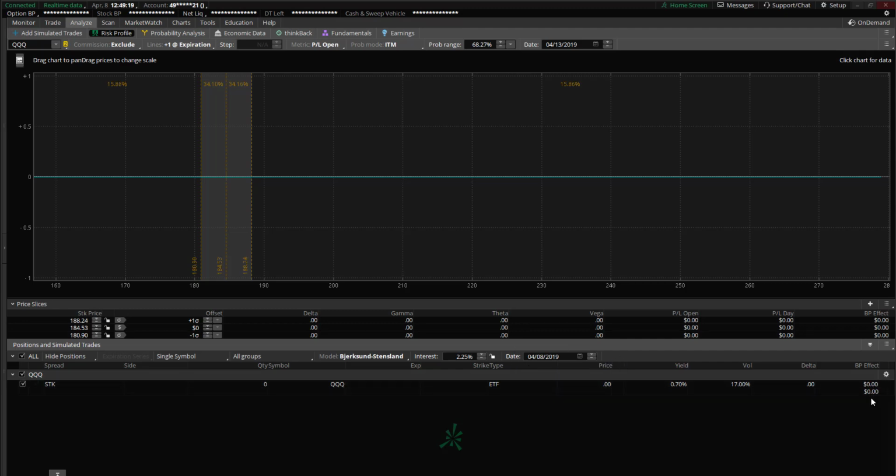Now we can add a change in price by coming down to this lower sprocket. You see, once I've clicked on it, I can now recognize the current price of this market, which is QQQ. It's at 184.52. That's also where my middle slice is at right here.